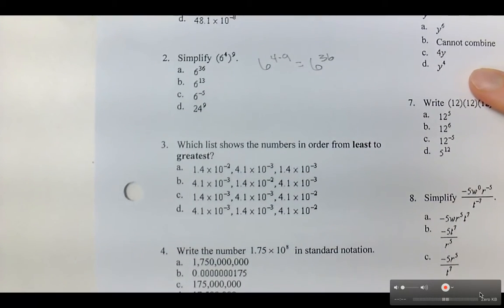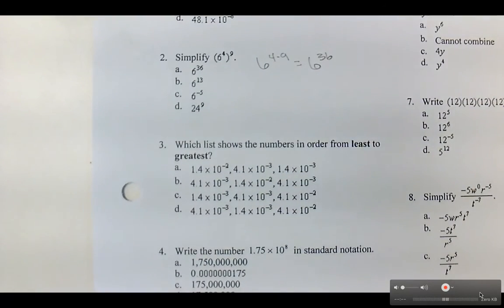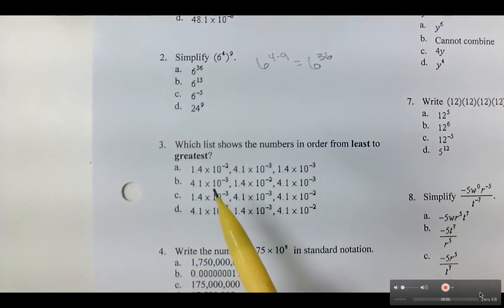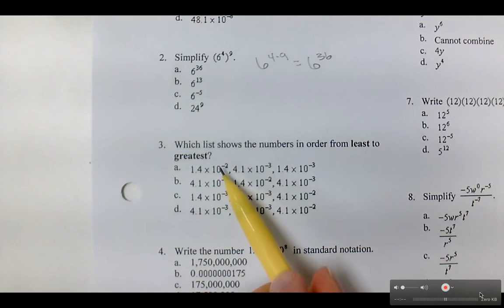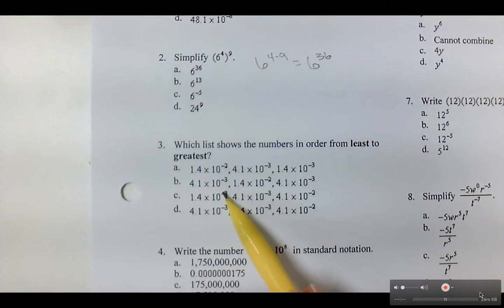Number 3, which list shows the numbers in order from least to greatest. So first you need to compare and look at the exponents. And the smallest one goes first.